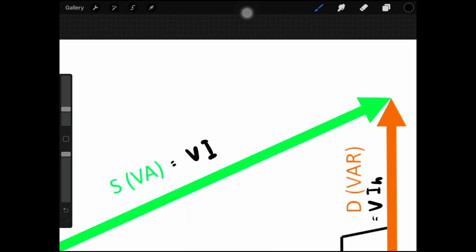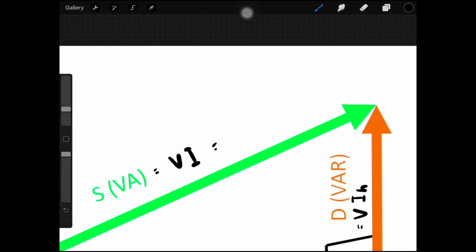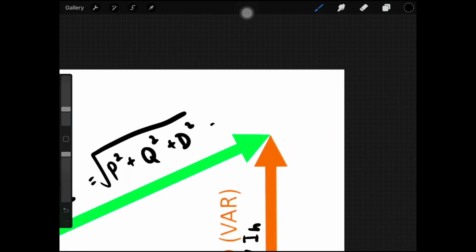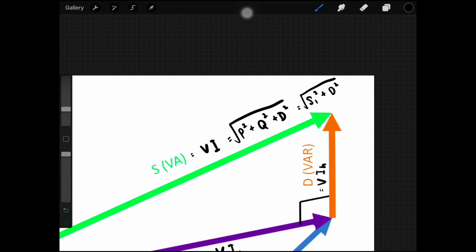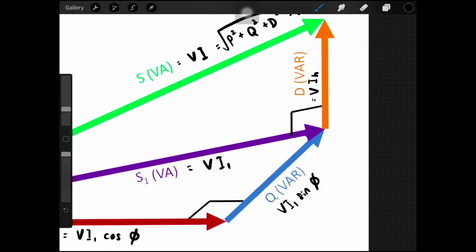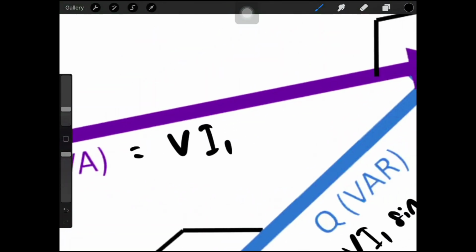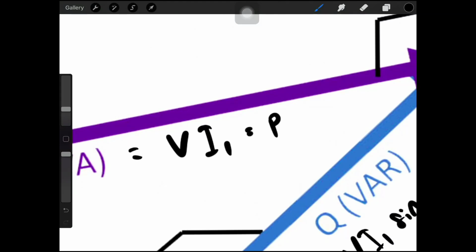Of course, you know as well that S equals the square root of P squared plus Q squared plus D squared, and can also be the square root of S1 squared plus D squared. Similar to this, S1 equals the square root of P squared plus Q squared.